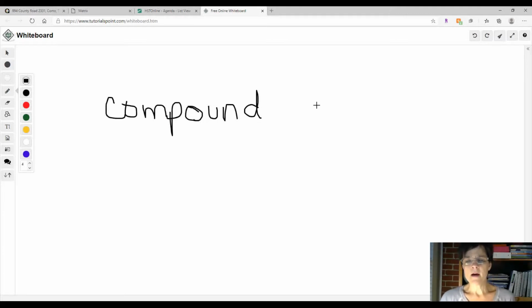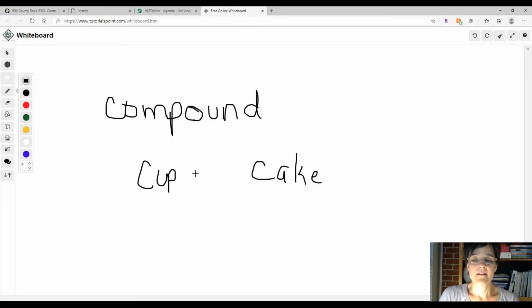Now, compound has a great big meaning. You can take 2 different things, put them together, and it becomes a compound. Or it could be like a verb, and you compound things. You put them together. Okay, compound. All right, so let's go back to like the 2nd grade. And you have this little word and this little word, and you put it together.